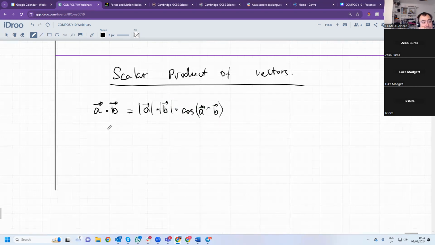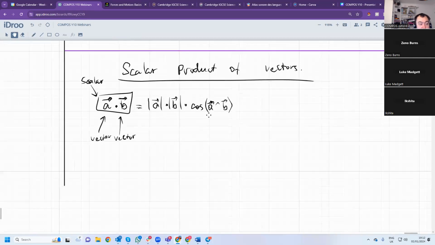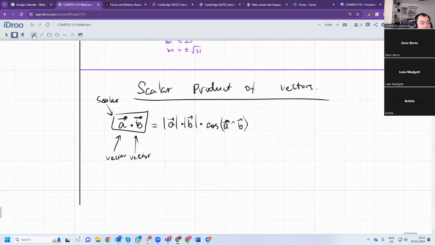This is a vector and this is a vector, but the whole thing is a scalar, so not a vector. It's quite interesting. It is the dot product. The scalar product is the dot product.